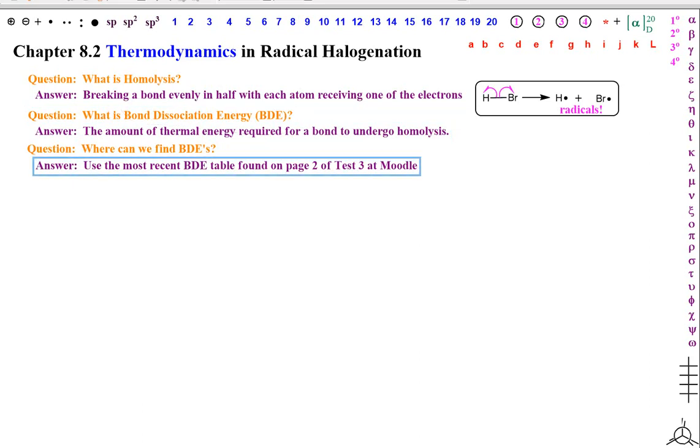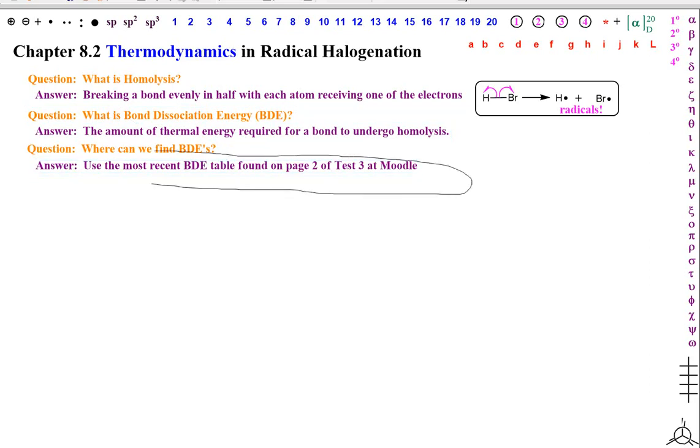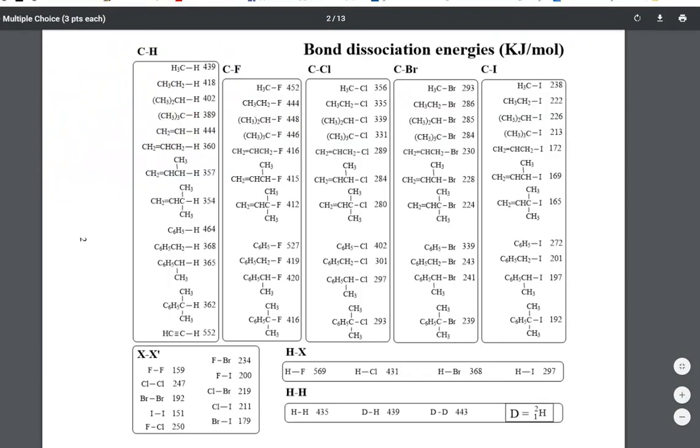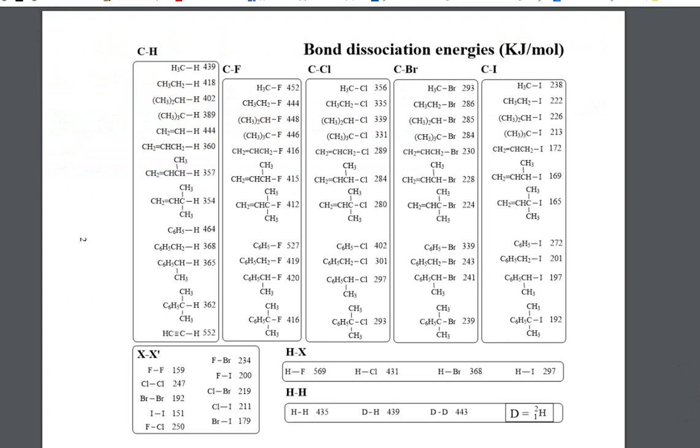We can find BDEs on page 2 of test 3 at Moodle. Always use the most recent test that might have some updated numbers, and I think I have it handy right here. So here is a list of bond dissociation energies. Please don't memorize these. This is a table that will be given to you for your test.